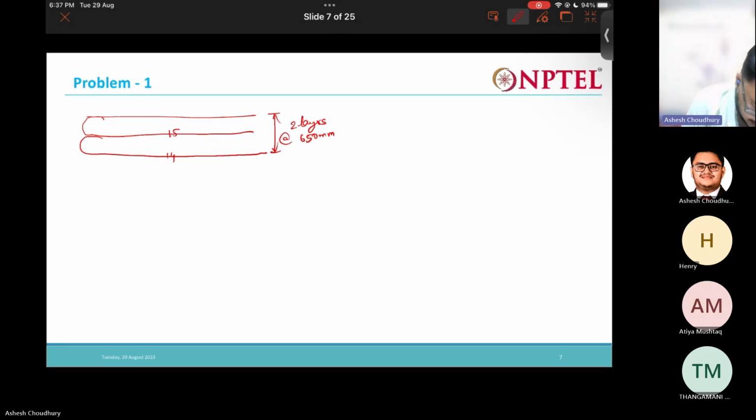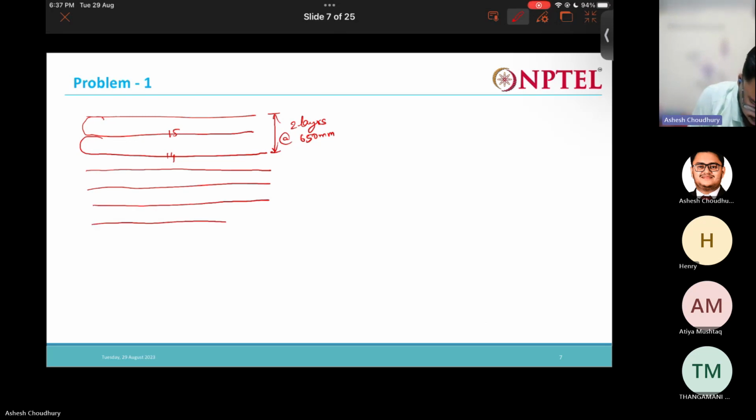Right, so it will be a bit less than that. 13, 12, 11, 10. Four layers at 500 mm spacing. And then we have 9 layers at 300 mm spacing, right?